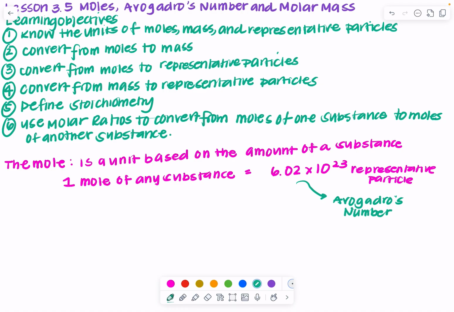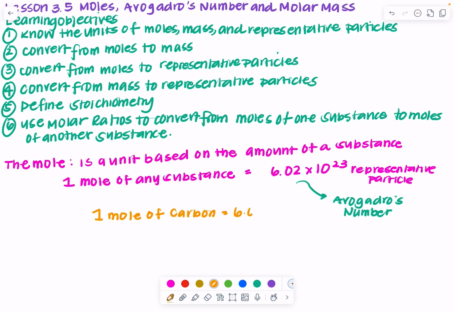Basically, scientists figured out that if an atom is a certain size, and most atoms are relatively a certain size, then in order to get sort of one compositional unit of it, you need 6.02 times 10 to the 23rd. So basically what this means is, let's say we have 1 mole of carbon.